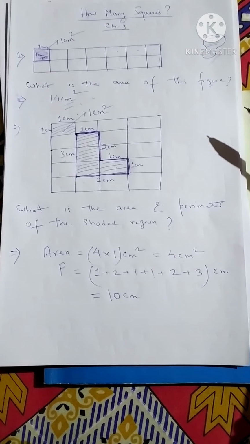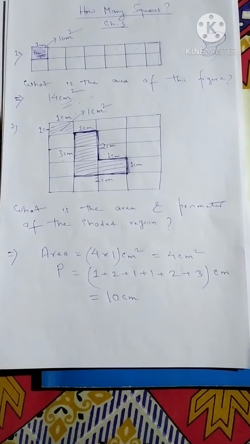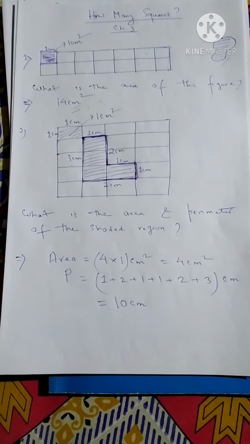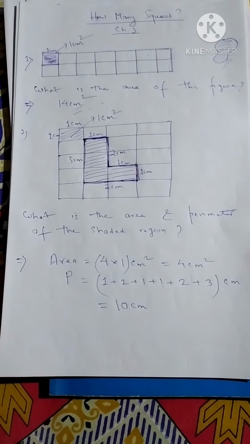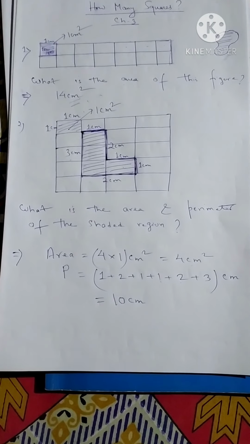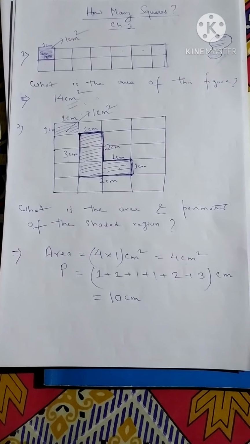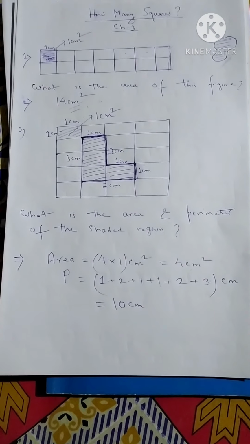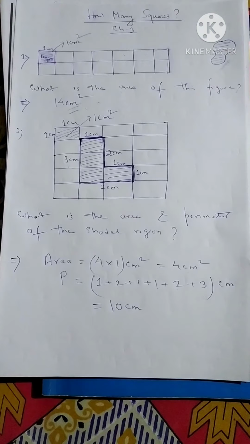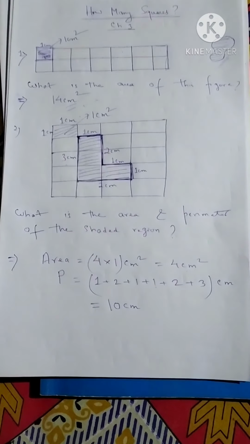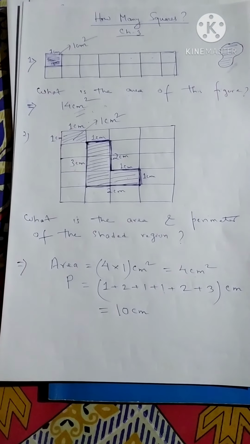And one more thing I want to discuss here. In the post-mid exam, one question was there: define acute angle and right angled triangle. Now, many of you have written the definition of acute angle triangle and right angled triangle. Right angled triangle is okay, but the question is about acute angle, not acute angle triangle.